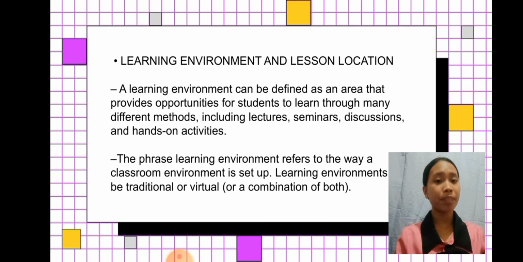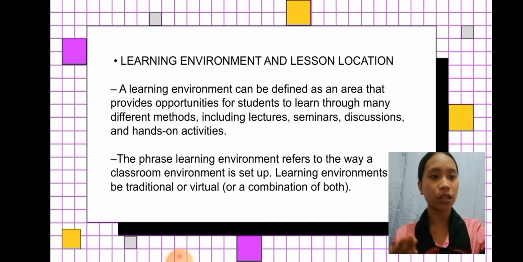A learning environment can be traditional or virtual. Like this, we are in a virtual one. So it can be in a different location, or virtual, or a combination of virtual and traditional. The key is that the student can gain learning.